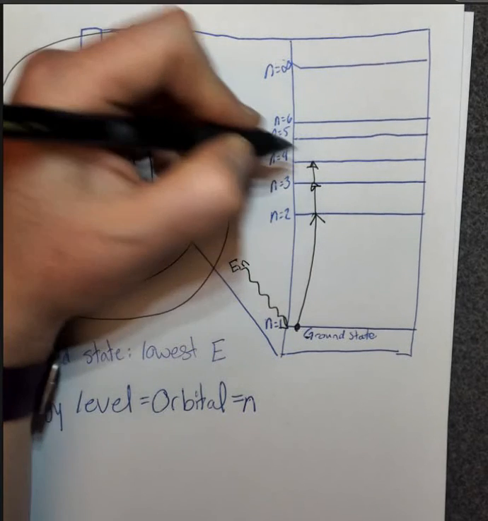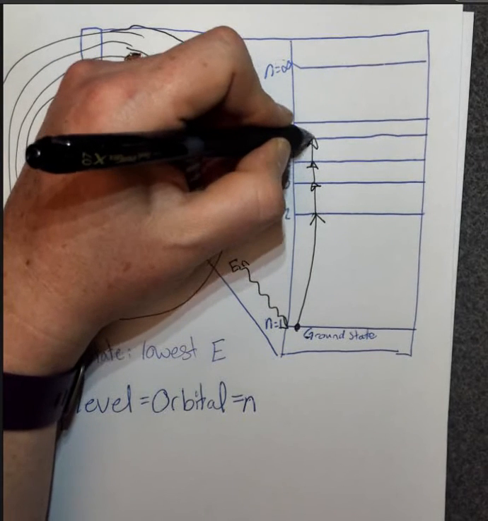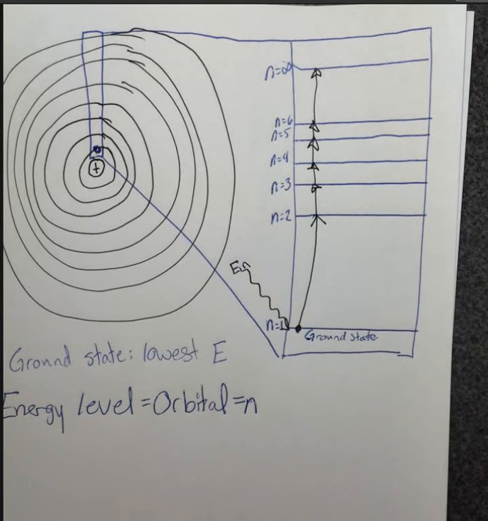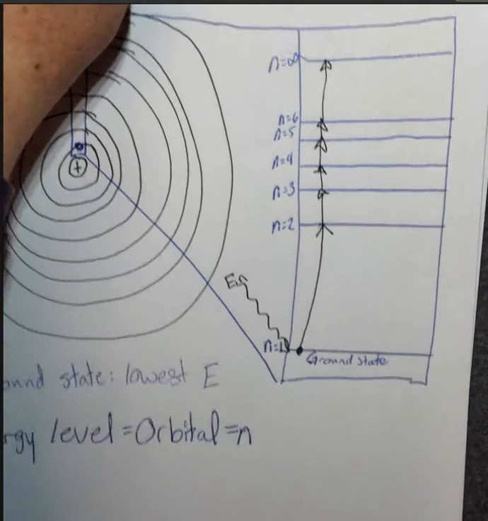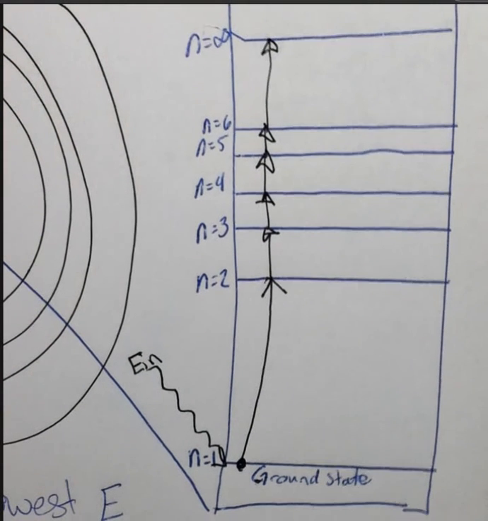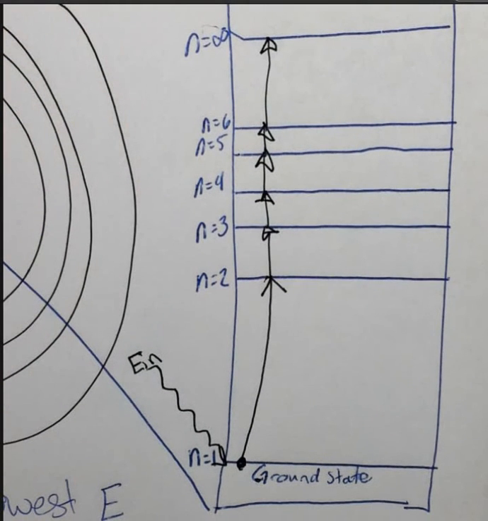Woohoo! It just escaped. So depending on the size of energy we give it, that will determine how high up the ladder it makes it. Depending on how much energy we give it, it determines how high up it will jump.